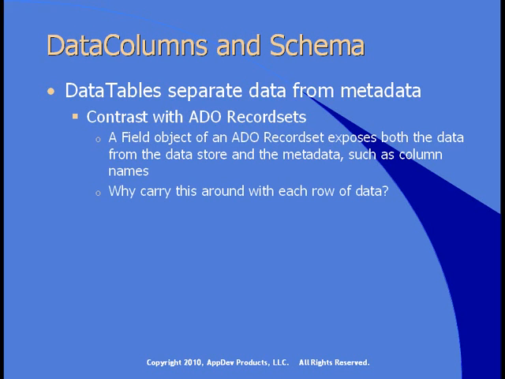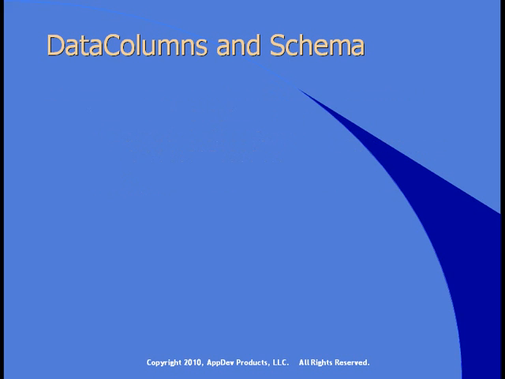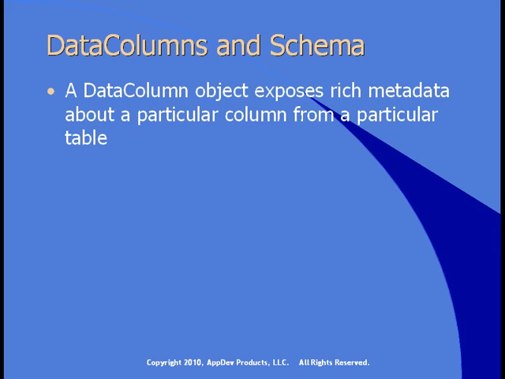Why do you want to carry this around with every row? There's no reason to do that. Instead, a data column object in ADO.NET exposes the rich metadata about the particular column from a particular table. It contains information about the data type, the max size, and so on. We have an example that retrieves that information and displays it on a page for a specific data table.